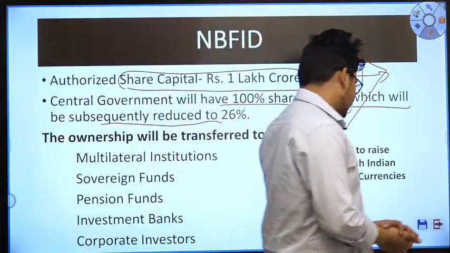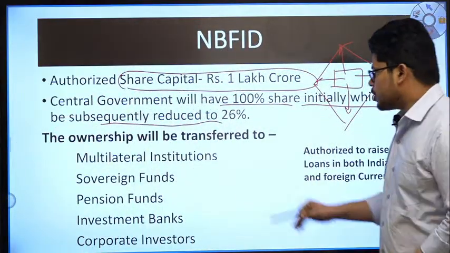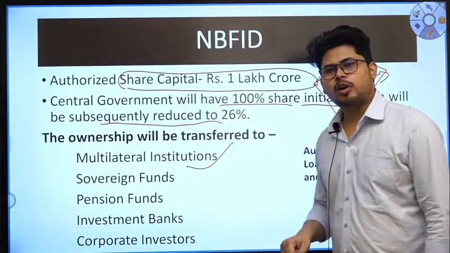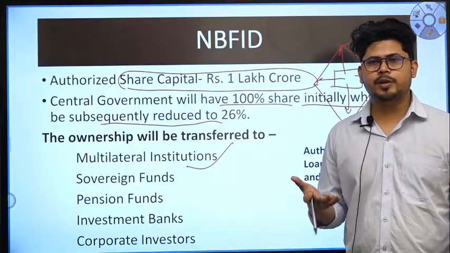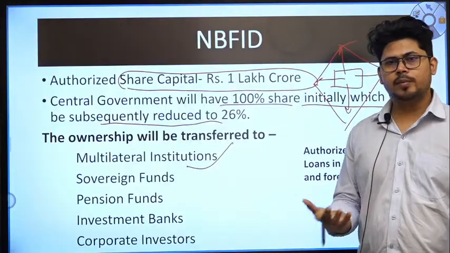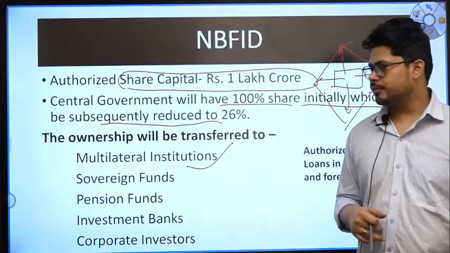Okay, now the ownership will be transferred to multilateral institutions. What are multilateral institutions? For example, ADB, Asian Development Bank, or NDB, New Development Bank, ठीक है, और World Bank. It is also a multilateral institution.